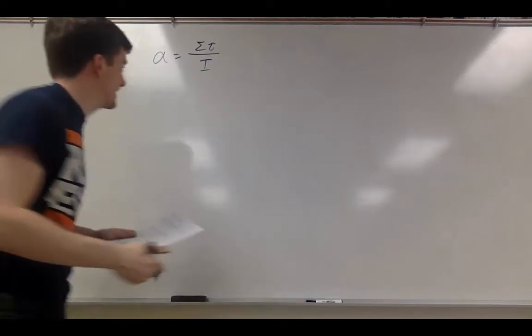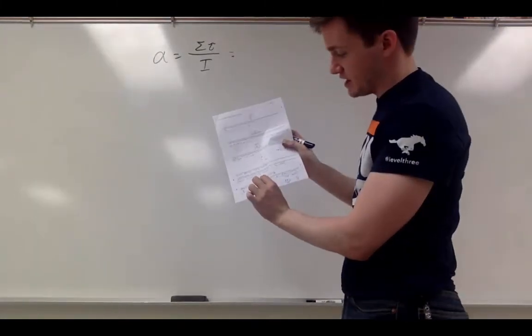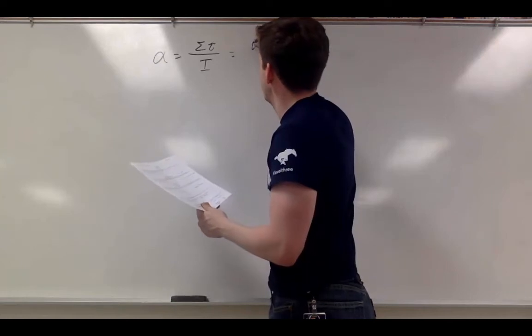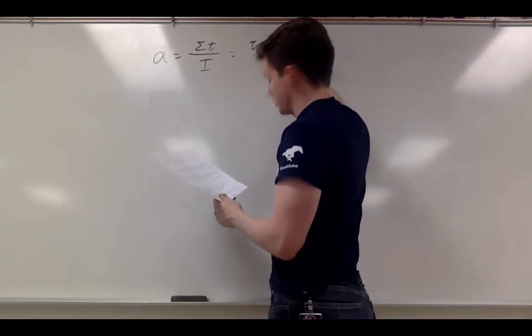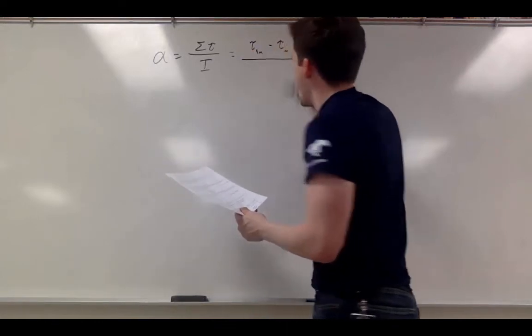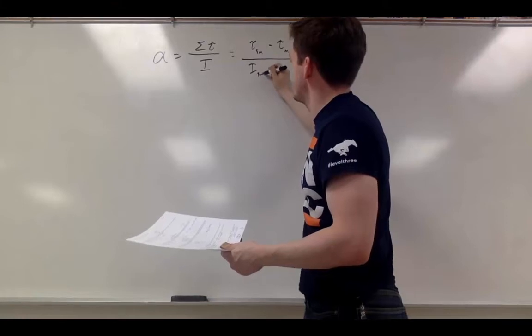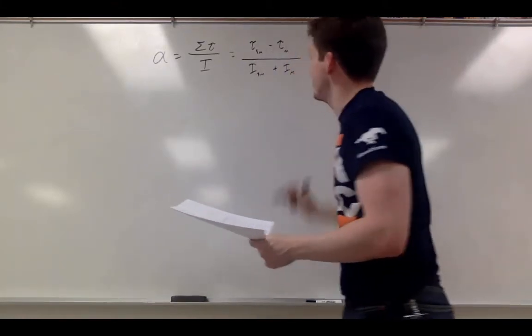Now, to be kind of nice here and break this down into steps, we've got the left object and the right object. The left object's torque will be positive. So we say the torque from 3m minus the torque from m all over the total moment of inertia. In other words, the moment of inertia of the 3m plus the moment of inertia of the m. It's about to get real ugly.